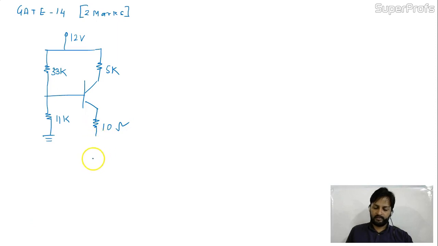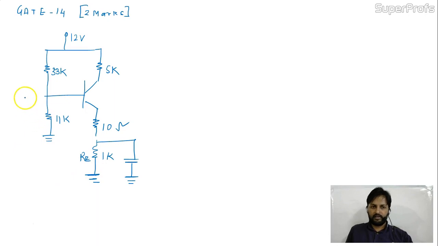This is RS given. This is RE given, 1K. And RE is in parallel with a capacitor, this is grounded. And over here I have 1 microfarad.